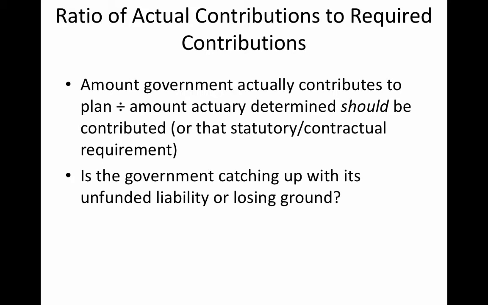It'll tell you whether they're keeping pace or not. And if they're falling behind, that's a potential warning sign, if they're contributing a percentage of less than 100% of the actuarially determined contribution.